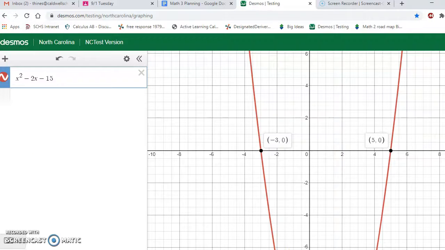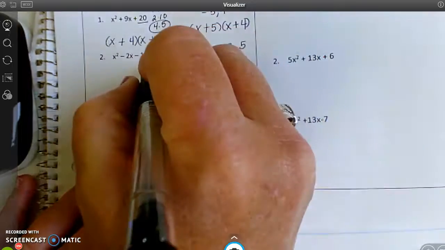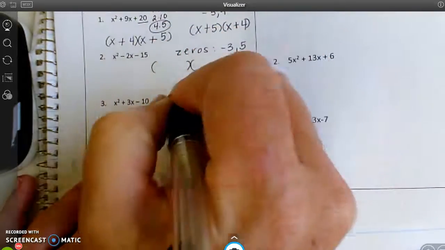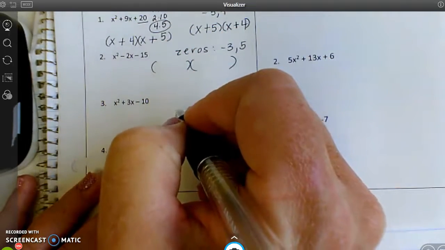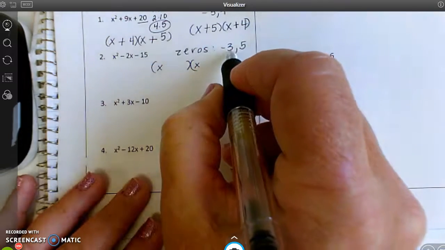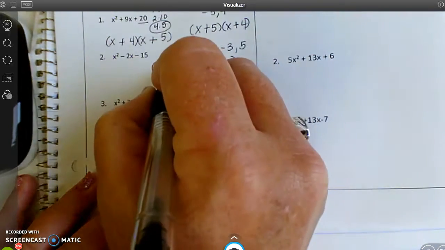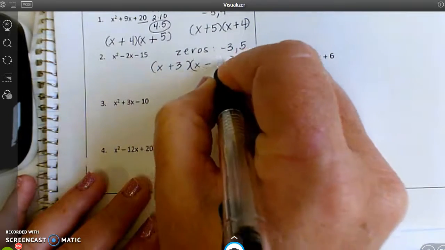And then how do we write those factors? So write your parentheses, x and x, because we're talking about x squared. -3 and 5, so change your signs. x plus 3, x minus 5.